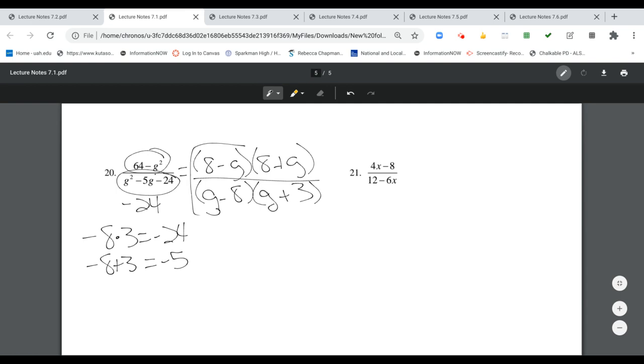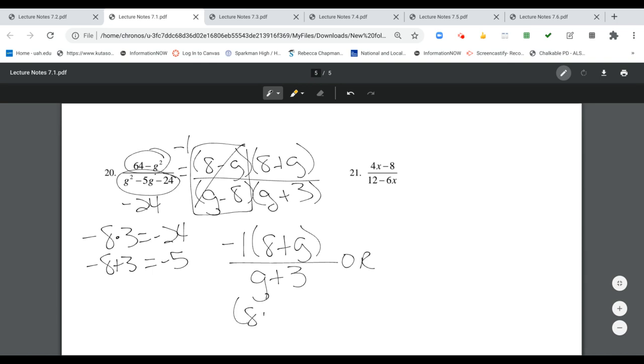Now, these two are opposites, and you can cancel them, but you have to put a negative 1 in its place. So in order to write your final answer, you're going to have negative 1 times 8 plus g over g plus 3. Now, technically, it really does not matter if you put the negative 1 with the numerator or if you were to write 8 plus g over negative 1 times g plus 3.